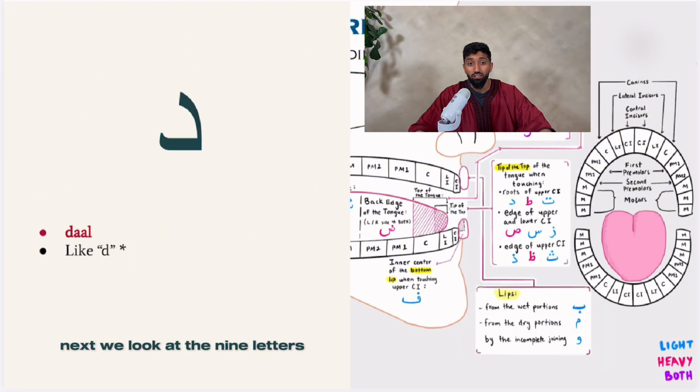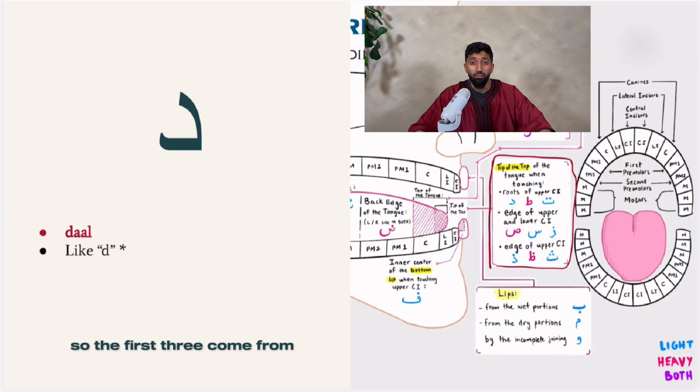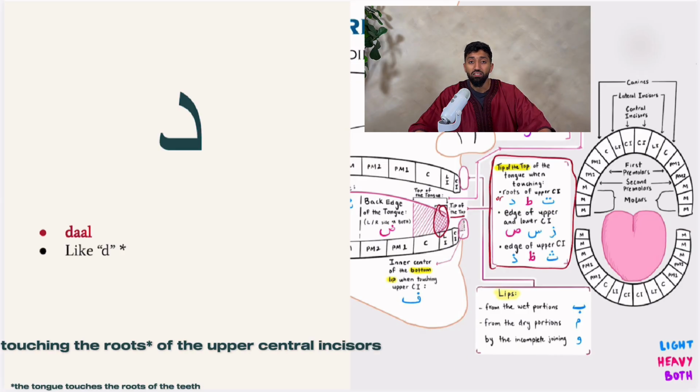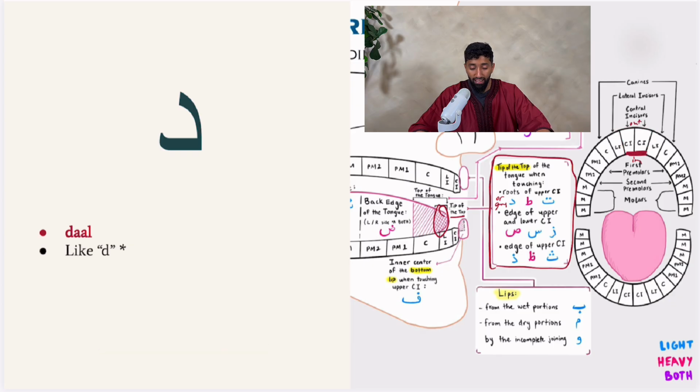Next we look at the 9 letters that come from the tip of the top of the tongue. So the first 3 come from when the tip of the top of the tongue, which we'll just refer to as the tip of the tongue, is touching the gums of the upper central incisors. So your buck teeth or your front 2 teeth. When the tip of the tongue touches the gums of these teeth, dal, ta, and ta, they come from here.